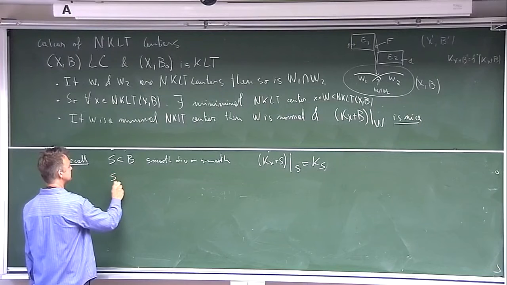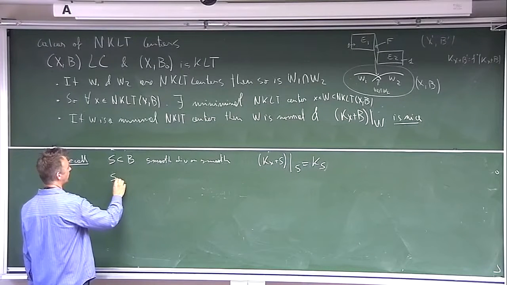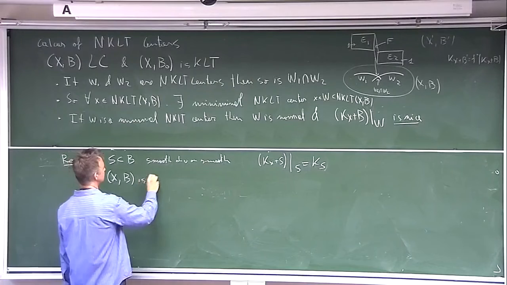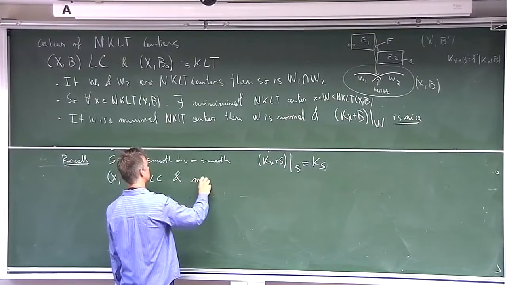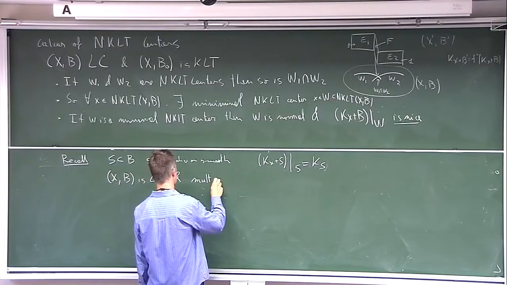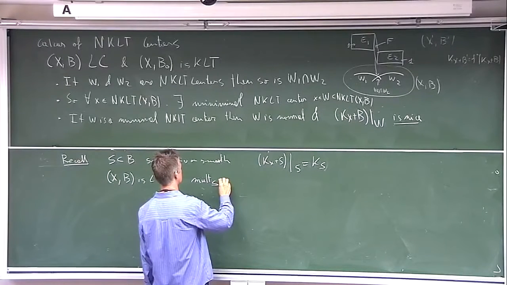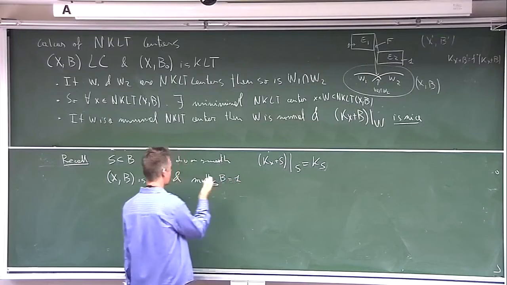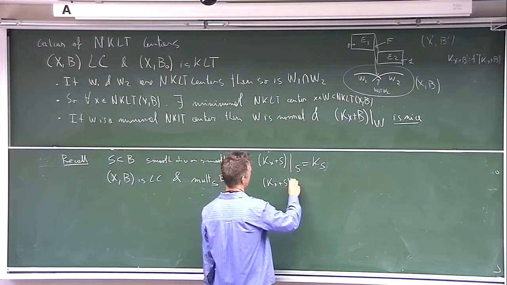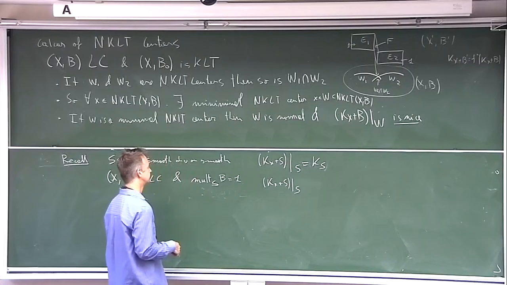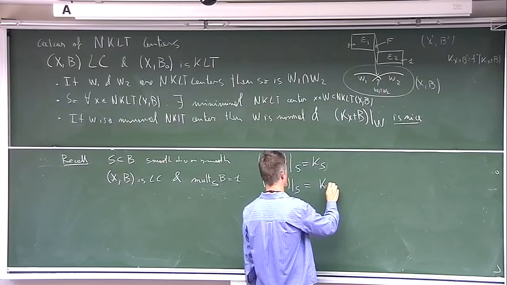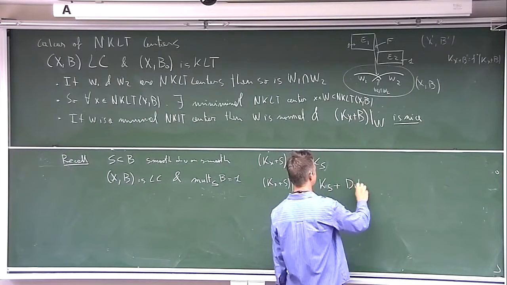If now (X, B) is log canonical, and the multiplicity along some divisor S of B is equal to 1, so S is a component of B of coefficient 1, then K_X plus S restricted to S is of the form K_S plus this different.